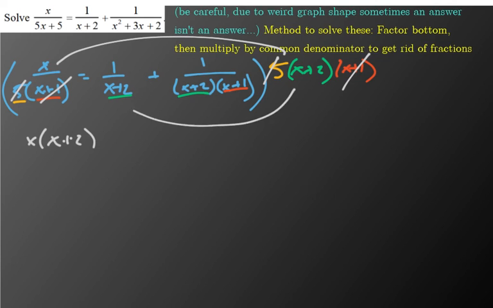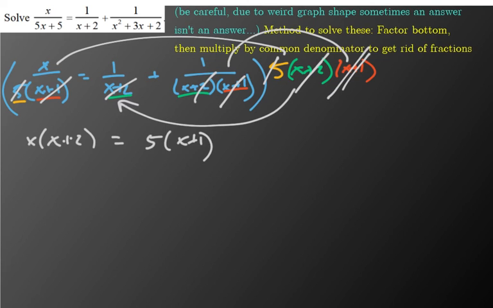Then, when I do this one, the x plus 2 and the x plus 2 cancel, and so I would just get 5 times x plus 1. And then the last one cancels this and this, but not the 5, so you have a plus 5 there.